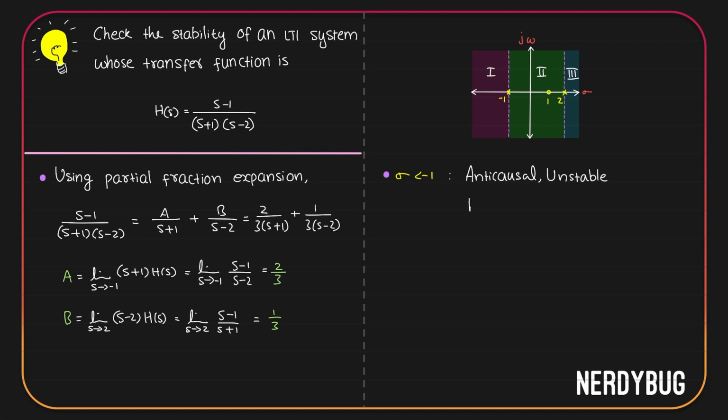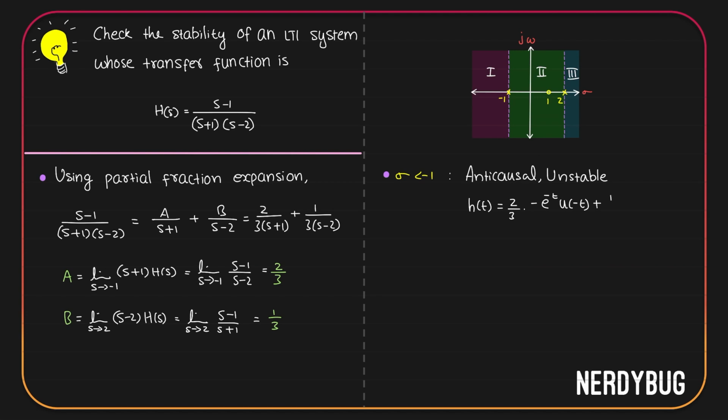Let us try to write the impulse response h of t in this case. If sigma is less than minus 1, then both these should be left-sided. So we get, for the first term, 2 by 3 multiplied by inverse Laplace transform of 1 by (s plus 1) if sigma is less than minus 1, which is minus e raised to minus t u of minus t.